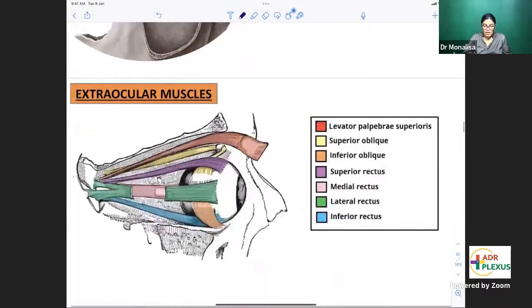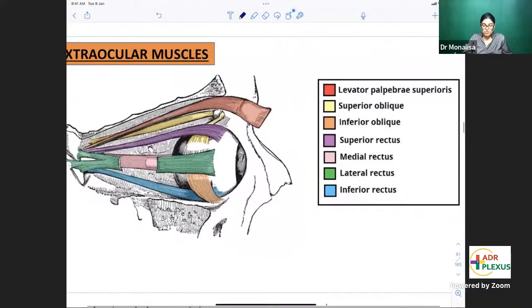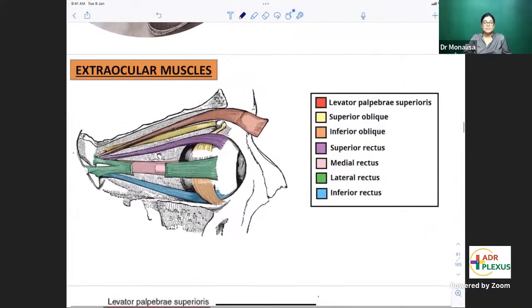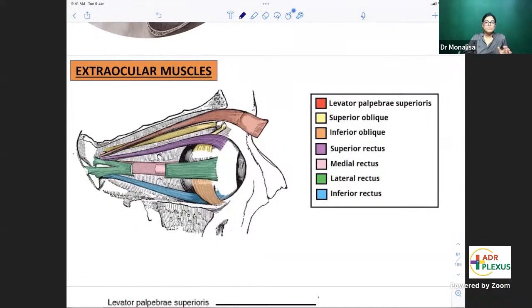Okay, so you can also appreciate the same labeling of all the muscles highlighted in this image by different colors, and the superior most muscle is LPS, levator palpebral superioris muscle. Actually, this muscle has both skeletal muscle fibers and smooth muscle fibers.